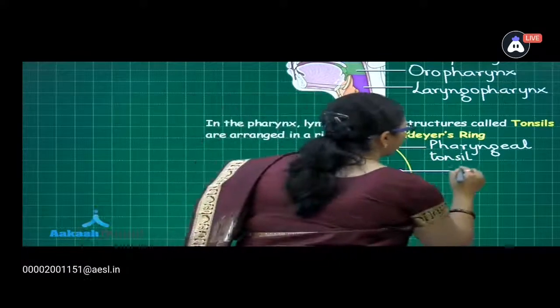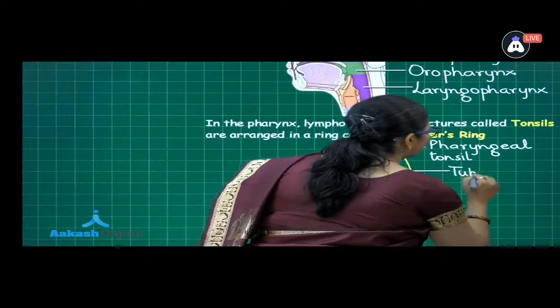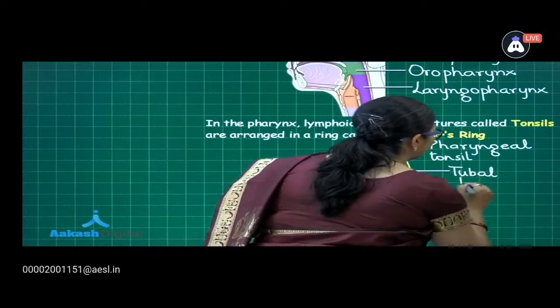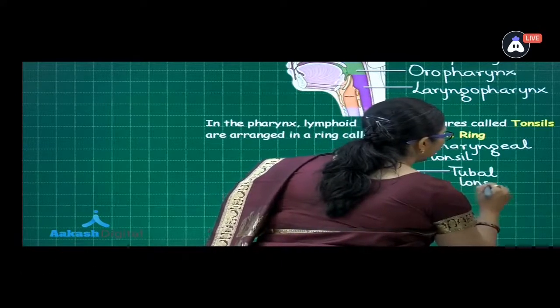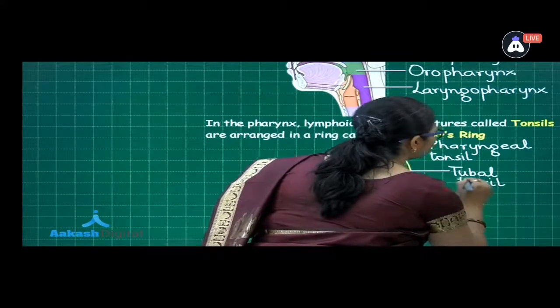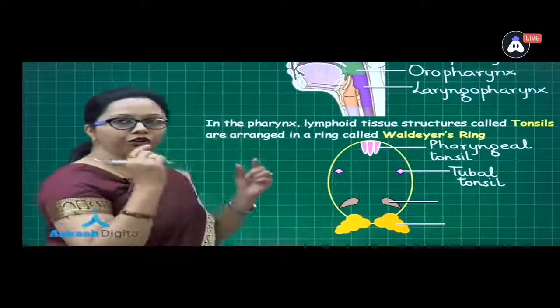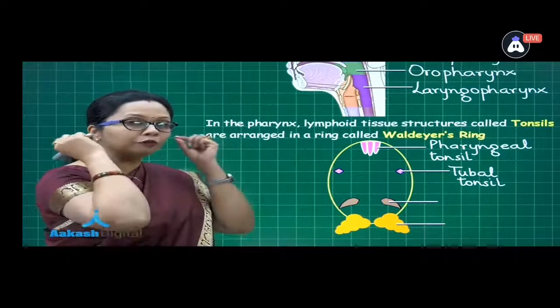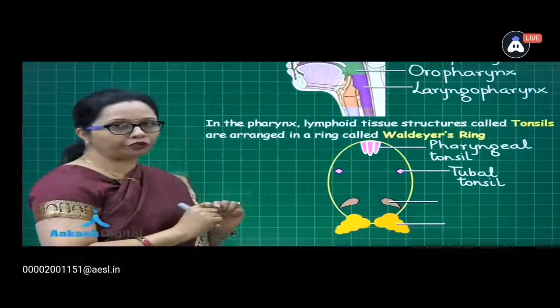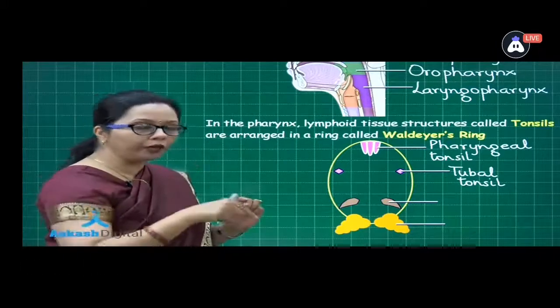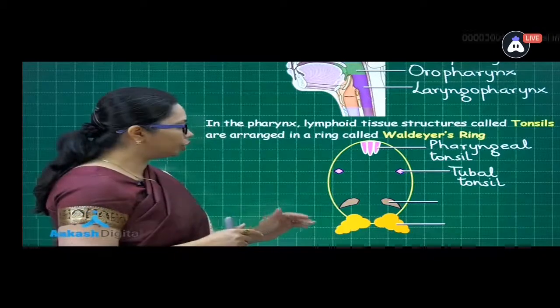Then here it is tubal tonsil, because it is surrounding the opening of the eustachian tube. Now eustachian tube is a narrow tube from our middle ear, and it is opening into the nasopharynx area. So that opening is surrounded by the tubal tonsils.